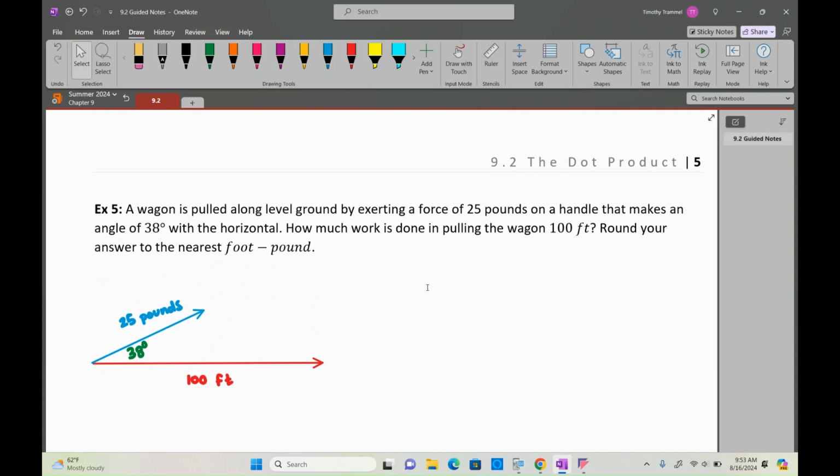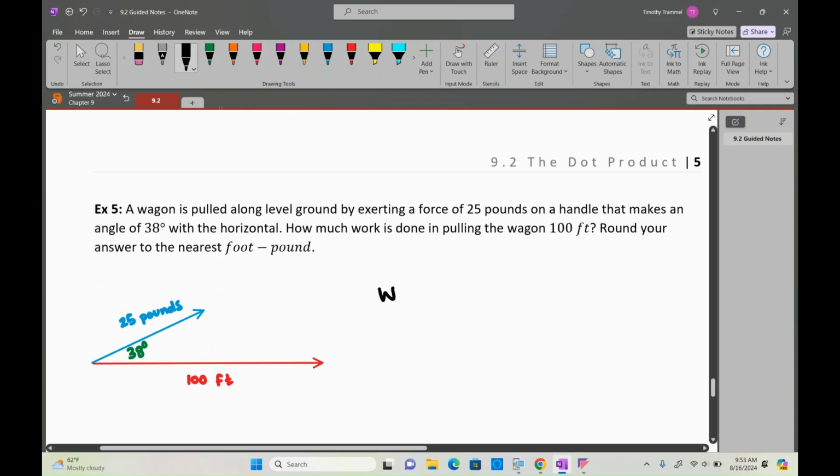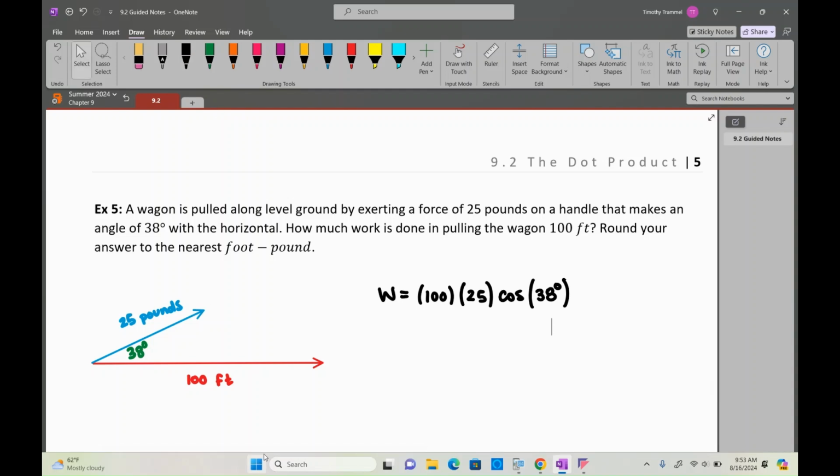So all we really need to do is multiply the 100, the 25, and cosine of 38, and we're done. Our work here is just 100 times 25 times cosine of the angle between them. Let's see what that gives us.